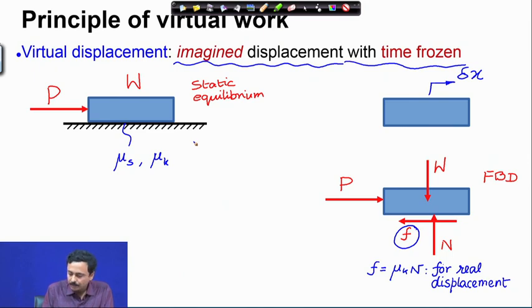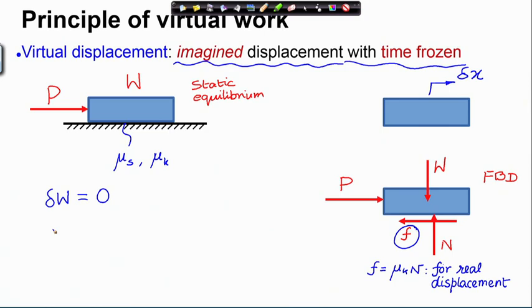Then the statement of the principle of virtual work states that the virtual work done must be 0. The net virtual work done by all active forces must be 0 under virtual displacements. Now, if I have a virtual displacement delta x in the direction I have shown, then the virtual work done by the applied force P is P times delta x.